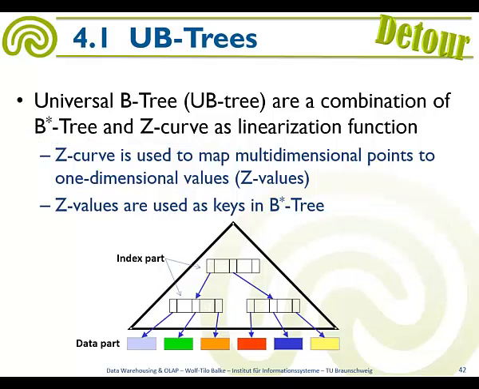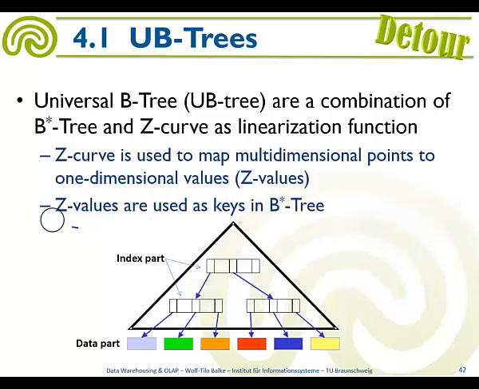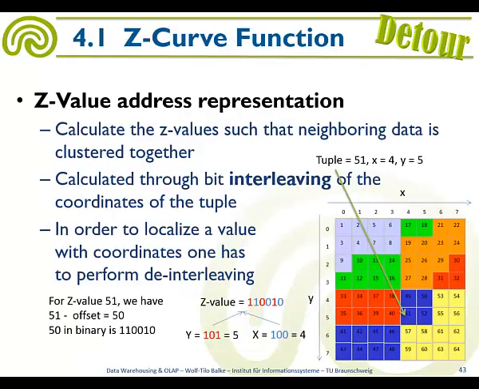So what the UB trees do is take the data and linearize it in this neighborhood fashion, and once they do this linearization into blocks, in order to access the data on disk, during this transformation they produce Z values, and the Z values basically give you the coordinates of the different blocks. Because you have different blocks of your data, you need some coordinates to know which is the next block, how to jump from one block to the next, and we'll see that in the next slide directly. But this is the basic idea.